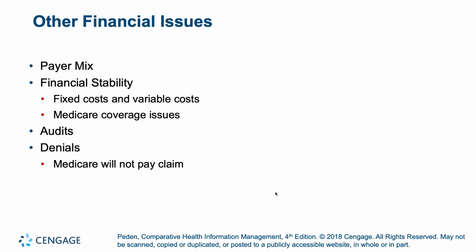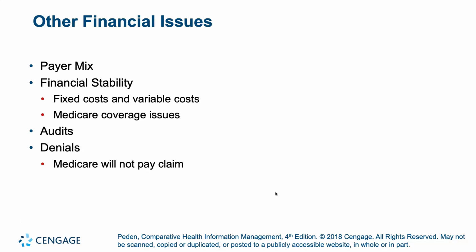Other financial issues you might run into is payer mix. That's a term describing the ratio of various types of third-party payers that provide revenue to a home health care agency. So, for instance, an agency can have 70% of its patients insured by Medicare, 20% by Medicaid, and 10% by other third-party payers, and I can tell you that's a terrible payer mix.